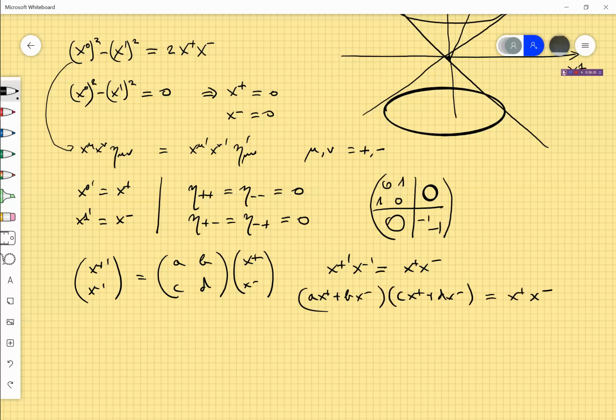So now the coefficient of x plus squared is 0 and the coefficient of x minus squared is 0. This means that a times c is 0, b times d is 0, and bc plus ad is equal to 1.